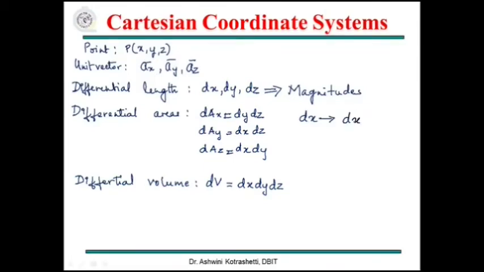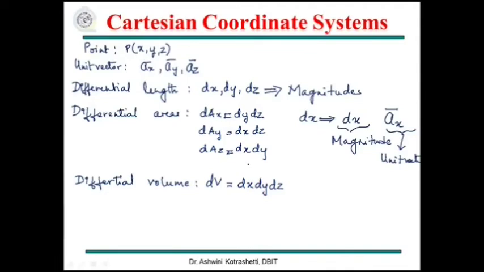So, magnitude dx, and I'll associate it with a unit vector which has to be along the x direction because my dx is along the x direction. So ax bar is nothing but your unit vector. So dx is transformed into dx ax bar. Likewise, you will have dy ay bar and dz az bar.